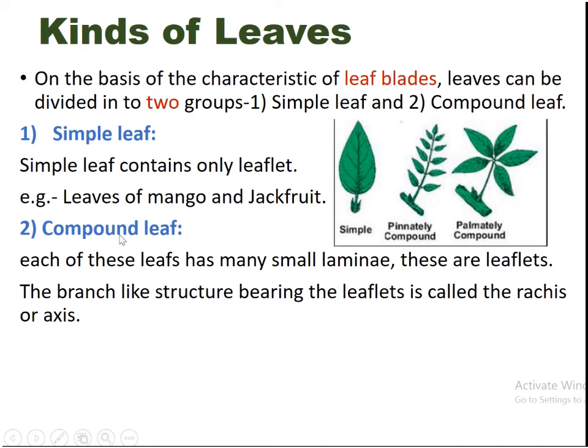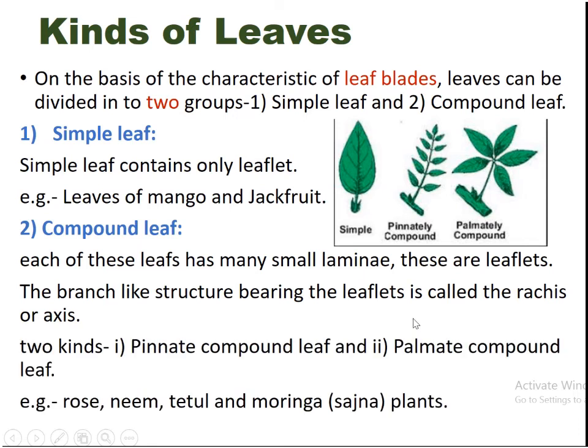And the other one is a compound leaf. Each of these leaves has many small laminae, also called leaflets, and the branch-like structure bearing the leaflets is called the rachis or axis. See here, this is the branch-like structure that bears all these leaflets, and this middle branch-like structure is called the rachis or axis.